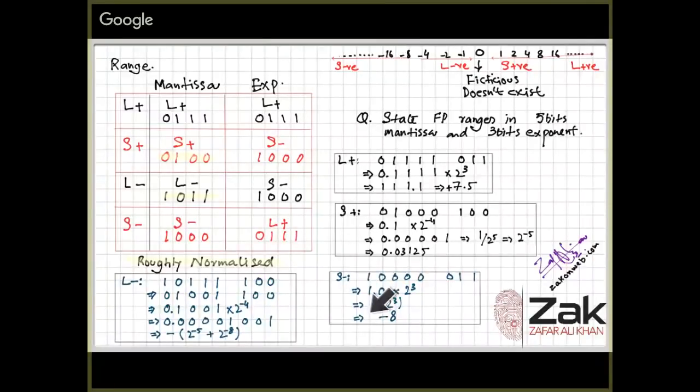So minus 8 is the smallest number, minus 2 to power minus 5 plus 2 to power minus 8 is the largest negative number. Smallest positive number would be 0.03125, and the largest positive number would be plus 7.5. You would have to practice it.